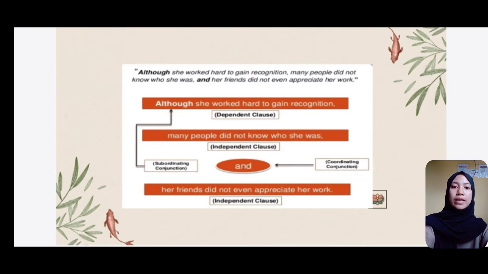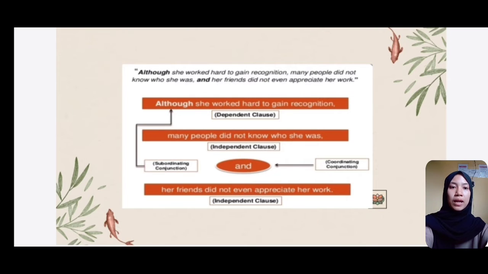Although she worked hard to gain recognition, many people did not know who she was, and her friends did not even appreciate her work. Although, subordinating conjunction.